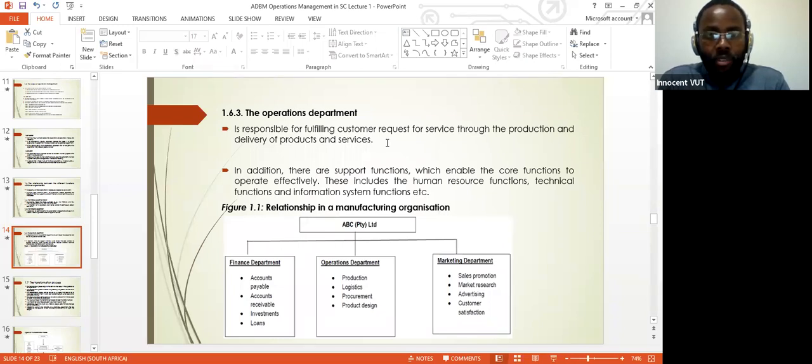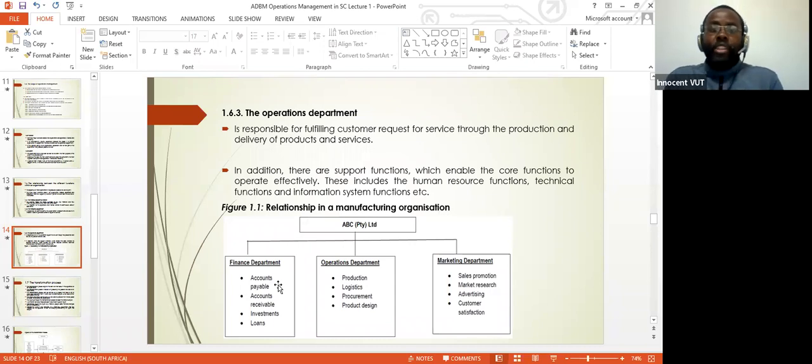Right, here we have a relationship in a manufacturing organization. We have ABC Private Limited. We're just looking at the three major departments. We have the finance department. We are talking of accounts payable, accounts receivable, and then we have investments and loans. Accounts payable, suppliers; accounts receivable, this is what the debtors are owing.